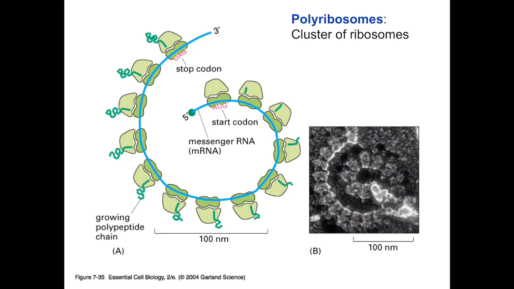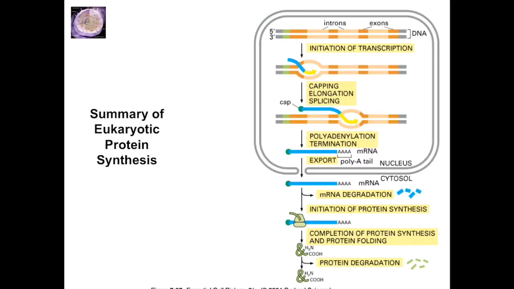You can see how at the very beginning, near the start codon, the peptides are very short, but as they move on to the end or the stop codon, the peptide is complete. Okay, so we've just gone through translation or protein synthesis, and you can see here all the different steps that can be regulated for protein synthesis or gene expression in eukaryotic cells.